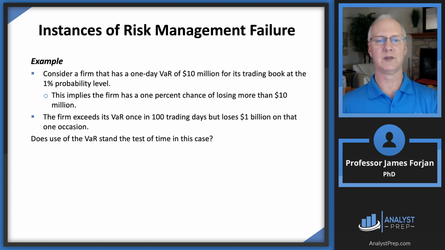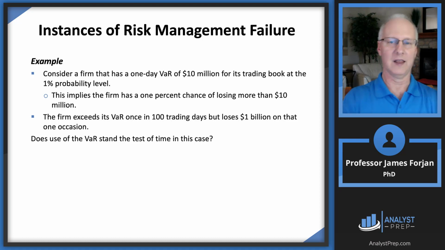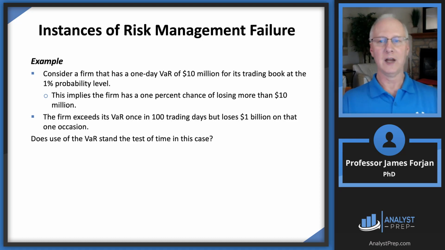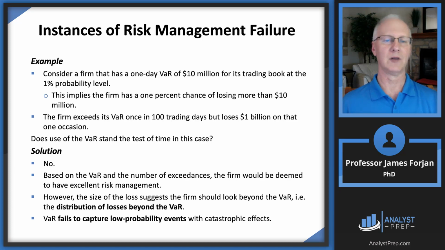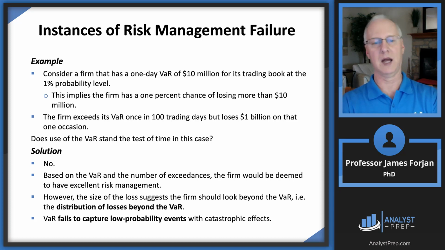Let's suppose that it exceeds its value at risk only once in every 100 trading days, right? So we've got nothing. Now, every 100 days, it loses more than 10 million. But let's suppose on that one occasion, it loses $1 billion or $10 billion or some big number. Oh my gosh. So what happens about value at risk? Does it stand the test of time? And the answer is probably not.